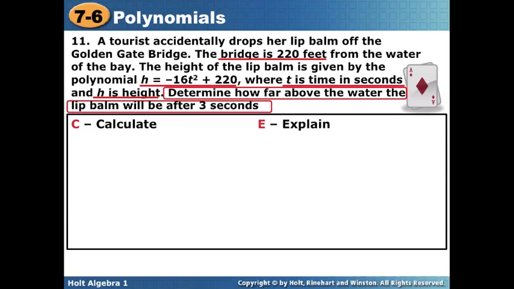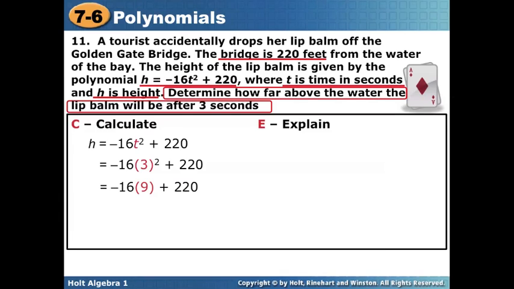We will now calculate and explain our answer. Start with the equation given. We will substitute 3 into the equation for the variable t. Evaluate the expression using order of operations, doing exponents first, then multiply, and finally add to get our answer.